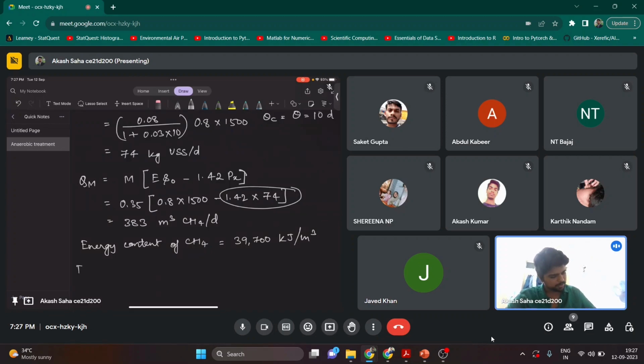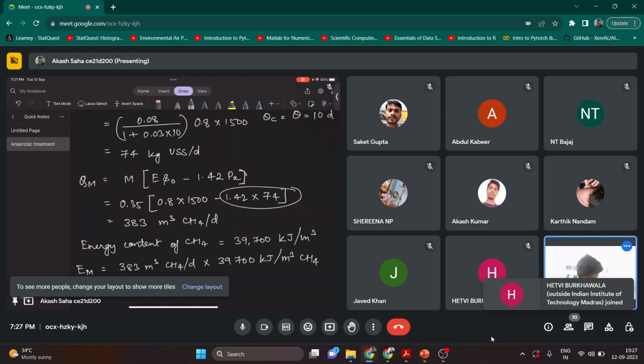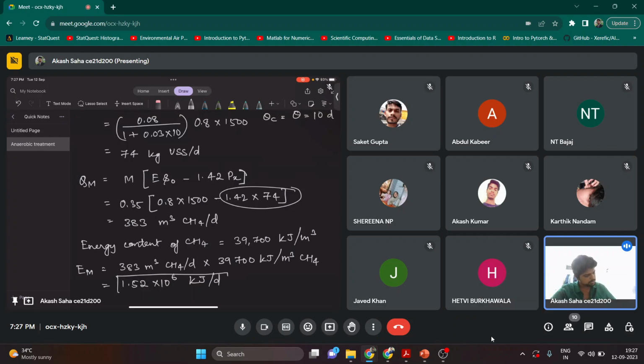So the total energy of methane will be 383 meter cube CH4 per day into 39,700 kilojoule per meter cube of CH4. So it will come as 1.52 into 10 to the power 6 kilojoule per day. So this is the total energy content in the methane which we have produced per day.